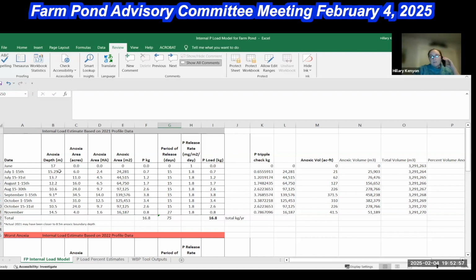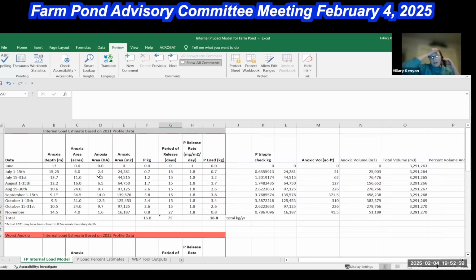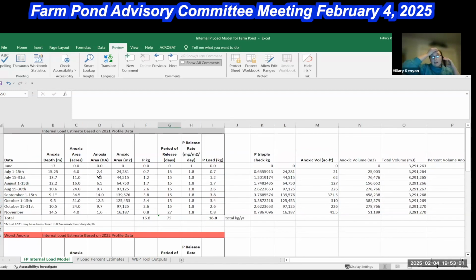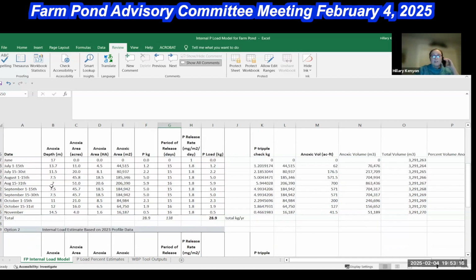And from that, I can do all sorts of things where I can calculate the mass of phosphorus in the lake, the potential release rates, and the areal release of sediment-derived phosphorus. And I can calculate the volumetric oxygen depletion rates.